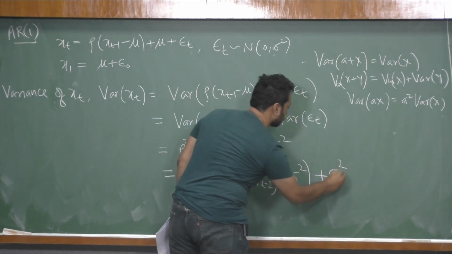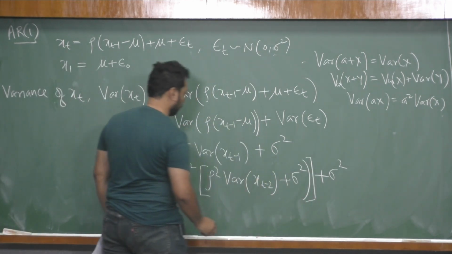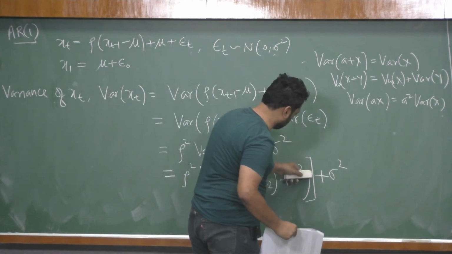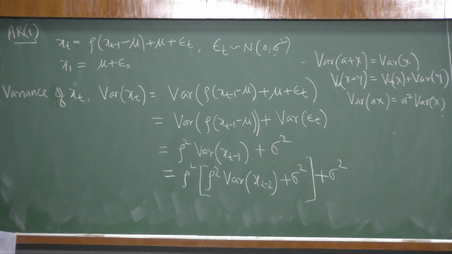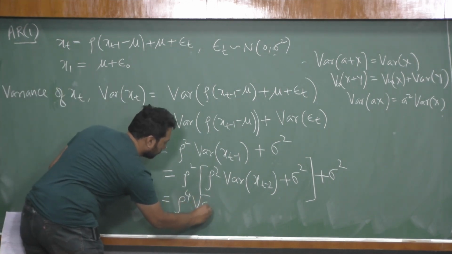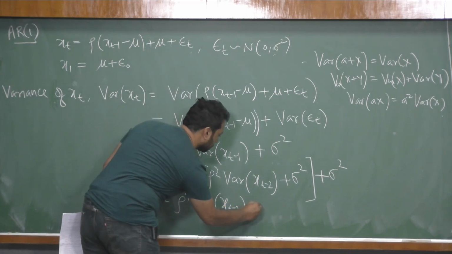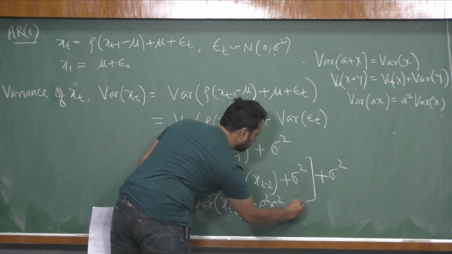So what we get in the process is rho to the 4 variance of xt minus 2 plus rho squared sigma squared plus sigma squared.